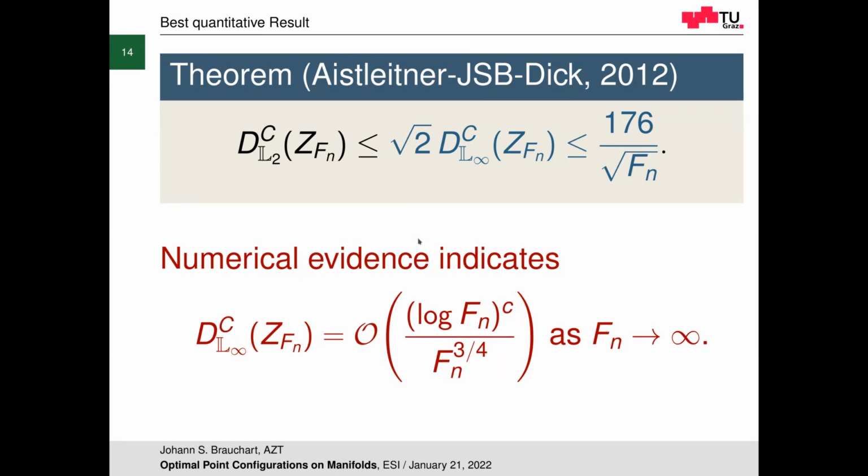The number of points we had cannot really tell if there's a power of log or not, but it seems reasonable to say that there's a power of log divided by the number of points to the power 3/4. This power would then be the optimal power for the infinity discrepancy. So from a numerical point of view, these Fibonacci points seem to be optimal up to a log factor in the discrepancy.